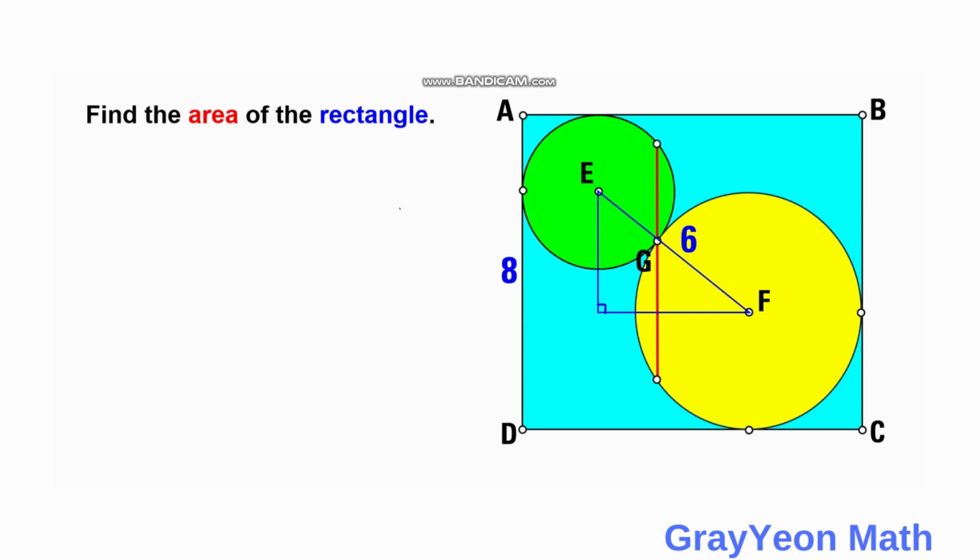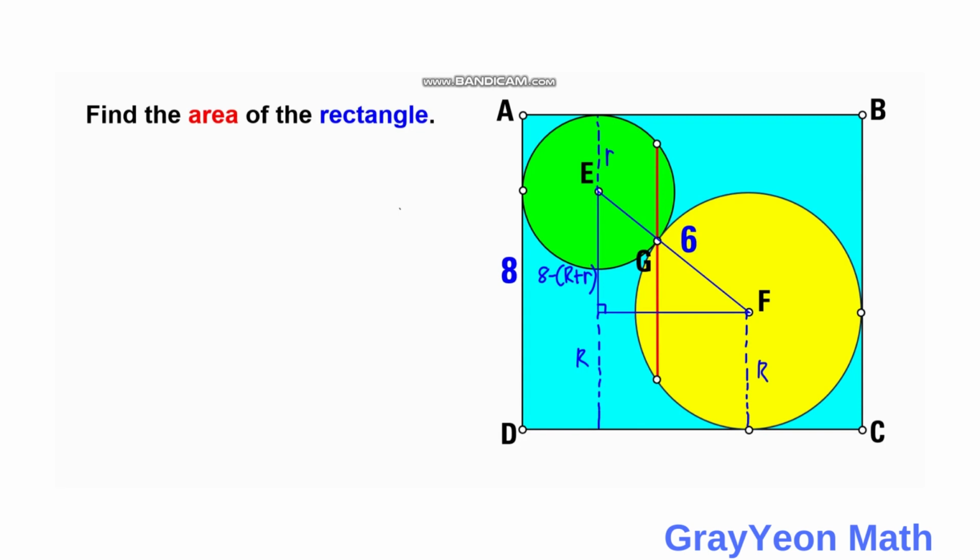Since the height of the rectangle is 8, we can label the radius of the smaller circle, the green circle, as small r, and the larger as capital R. If we project that line to the left, it should be the same, so this is also a capital R. Since the total is 8, we subtract the total of R and r, so this gives us 8 minus R plus r.